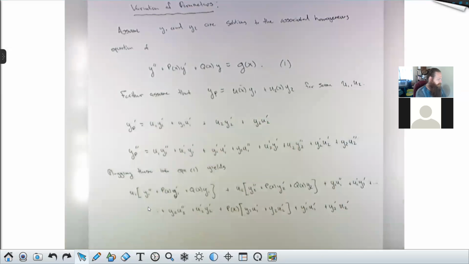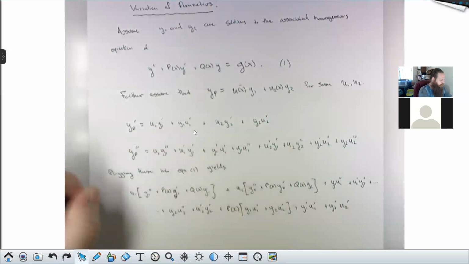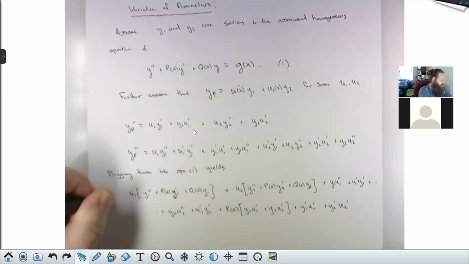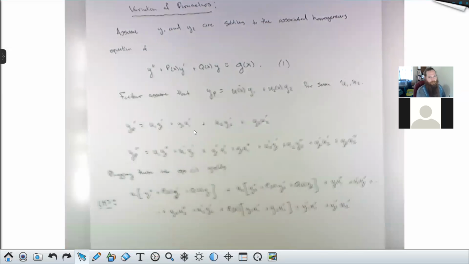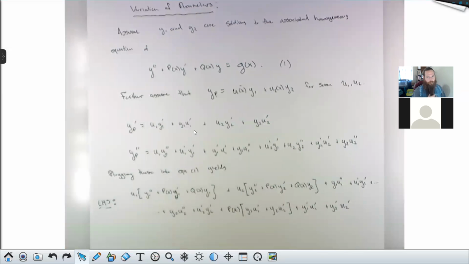I know that's a lot. So this is the left-hand side of equation 1. The right-hand side is just g of x.